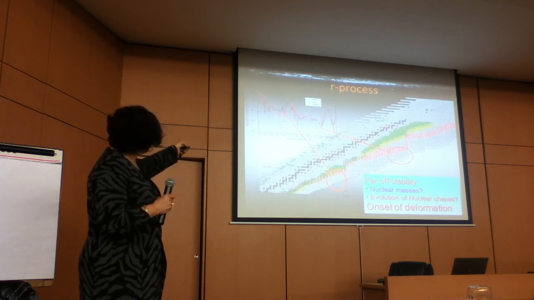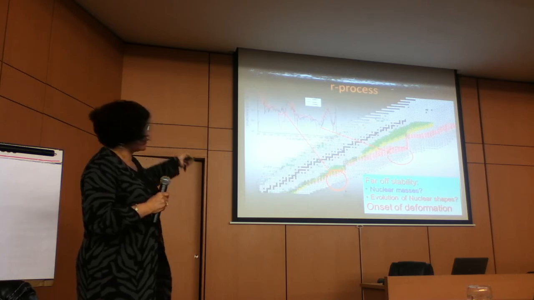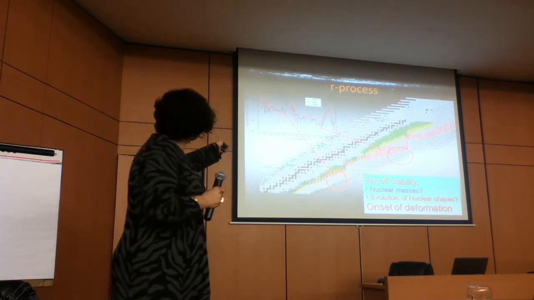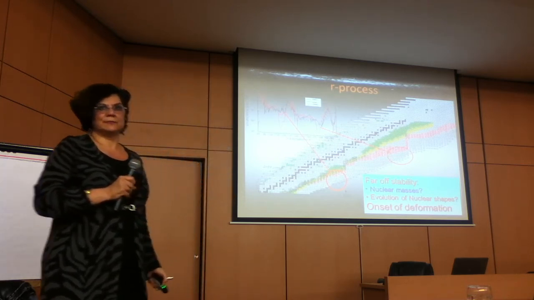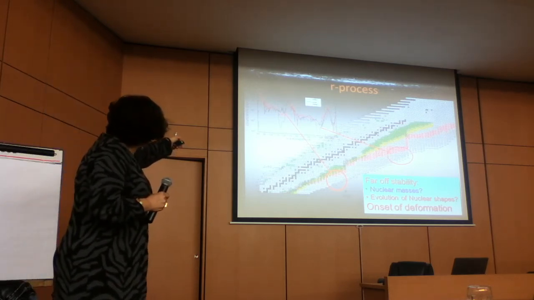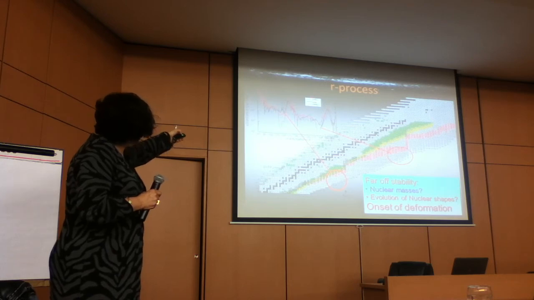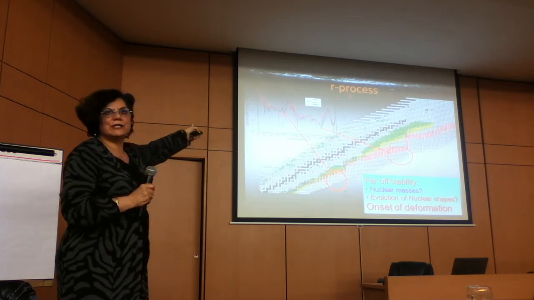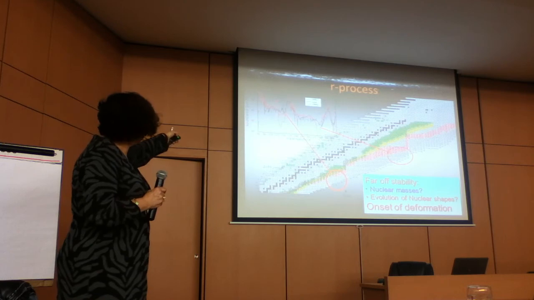And the two different colored lines, in this case it looks like orange and purple, are two different mass models, in which in one of them the major shells are quenched versus the other one.